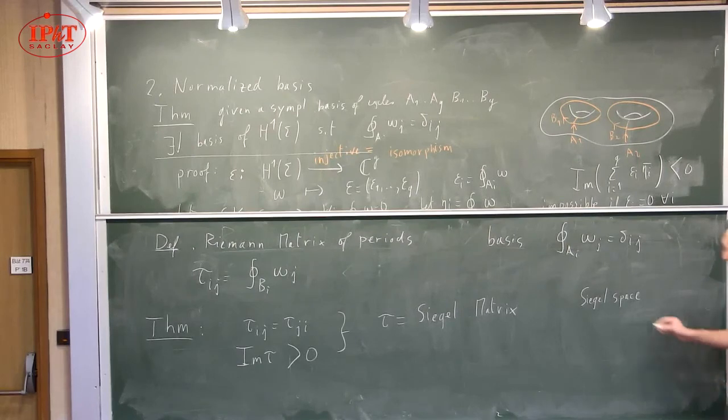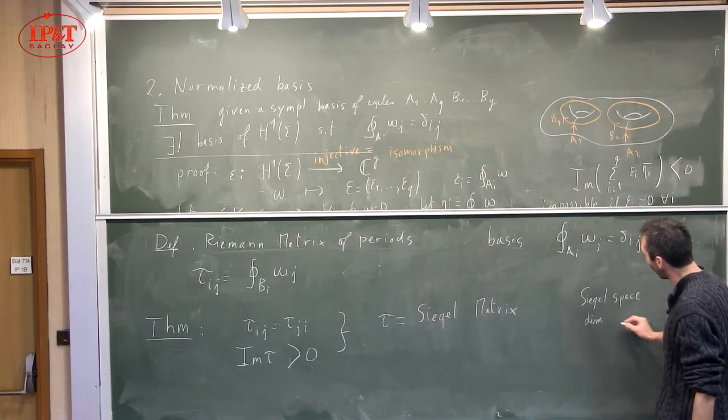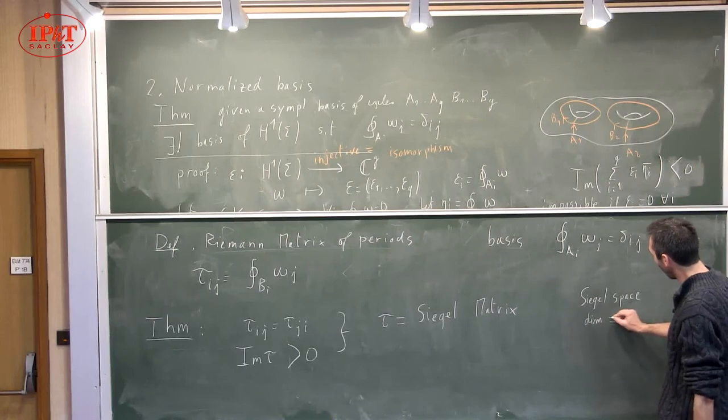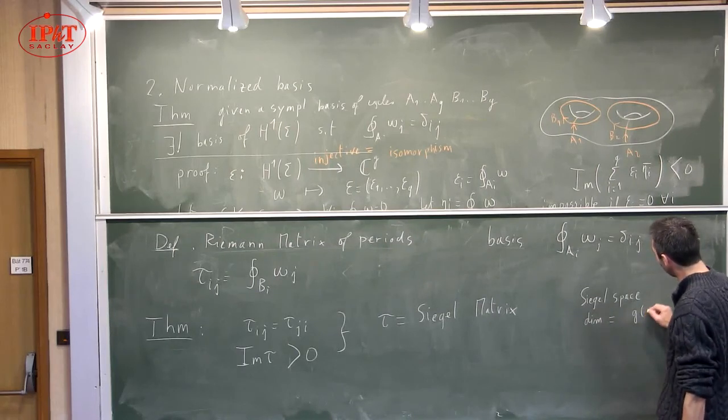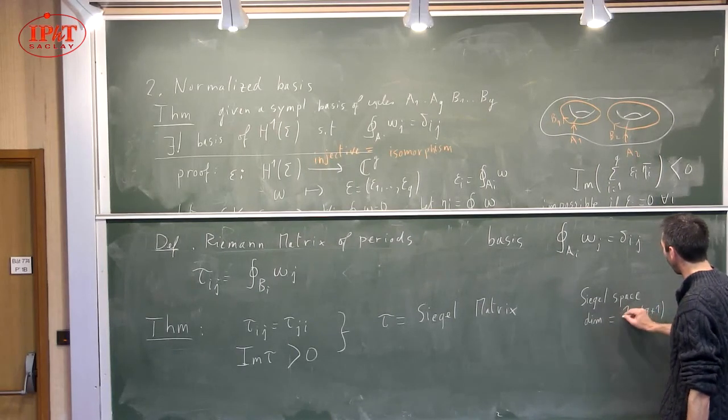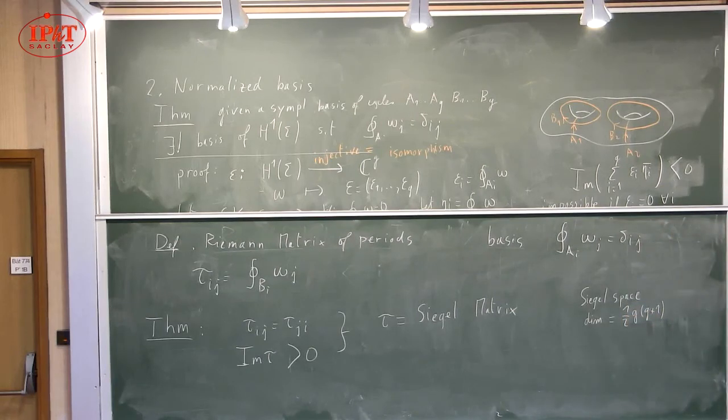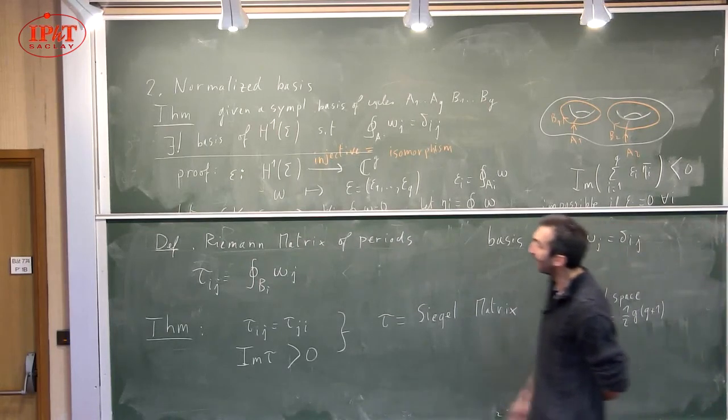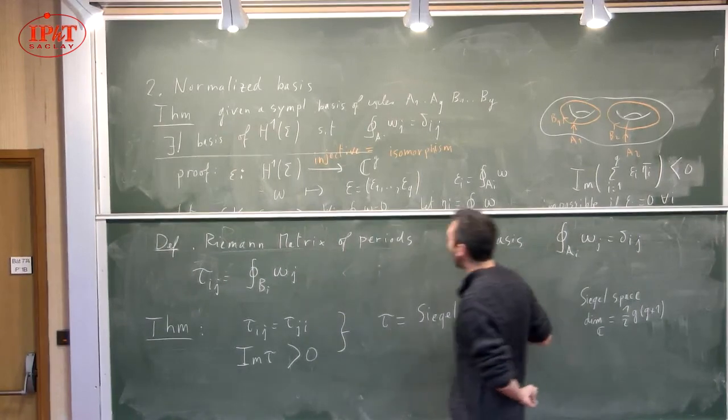Locally it's a manifold of complex dimension g(g+1)/2, so the real dimension is twice that. So every Riemann matrix of periods is a Siegel matrix.